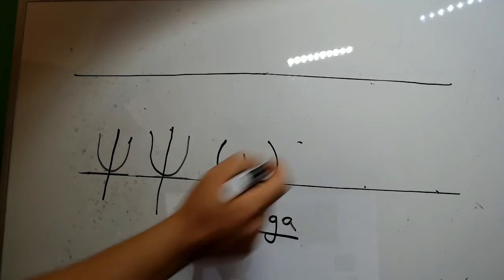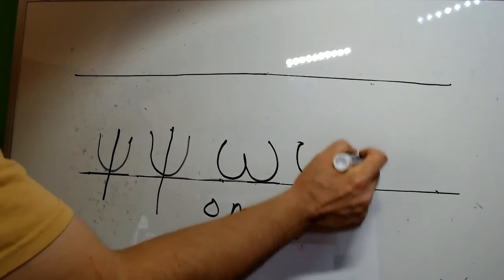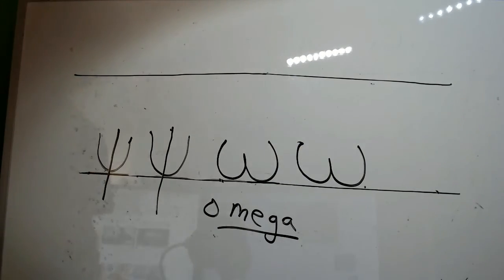So once again, let's start in the middle of the line here. Just go down, around, make a W, and there you have omega. This is the long O in Greek, as contrasted to omicron. Omicron short, and omega long.